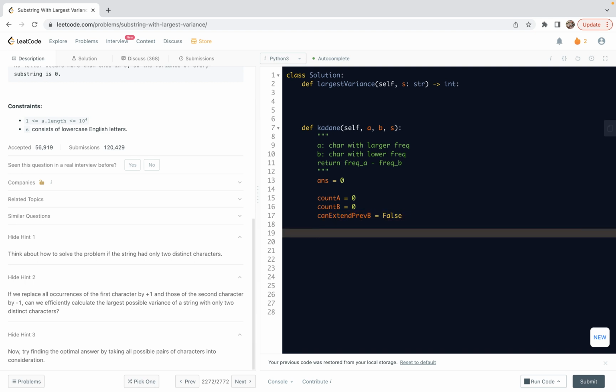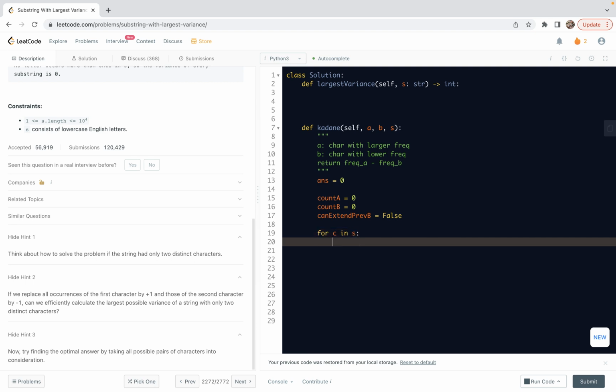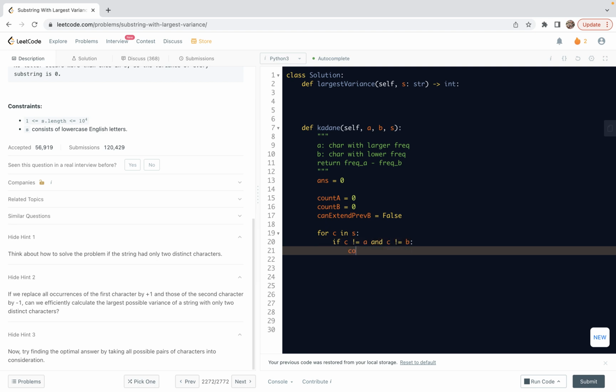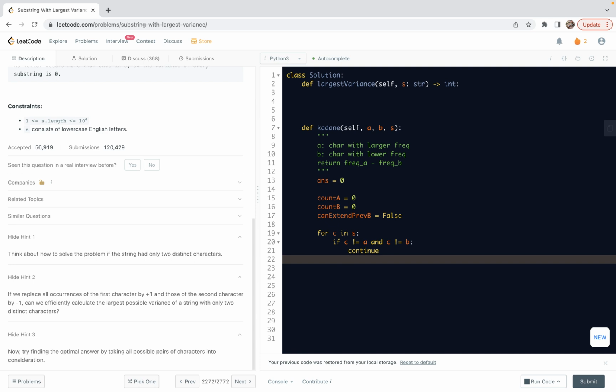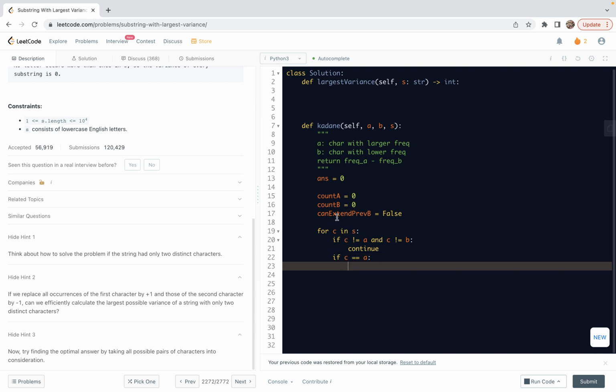Next we're going to do the scan. For each character in S, if the character is not A and not B, we just continue. Then if the character equals A, it means it is the larger-frequency one, so we increment count A by 1.